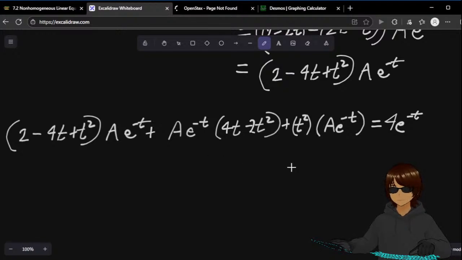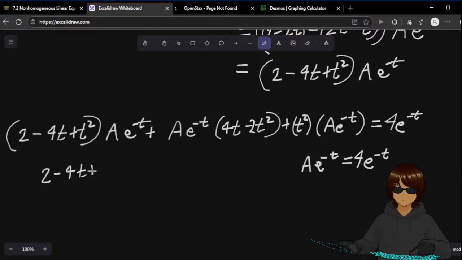Let's take this out. We took this out. This plus this plus this plus t square. So this plus this plus t square.